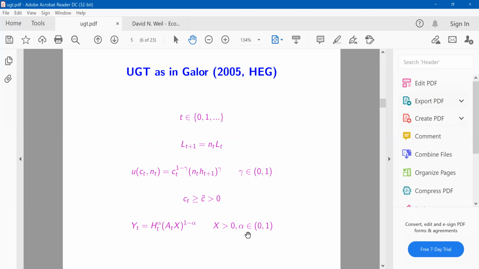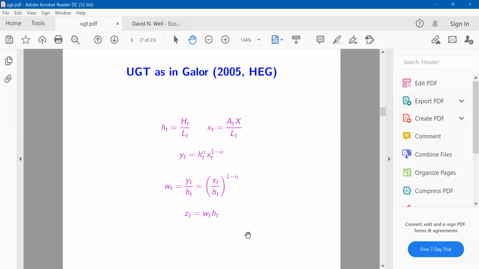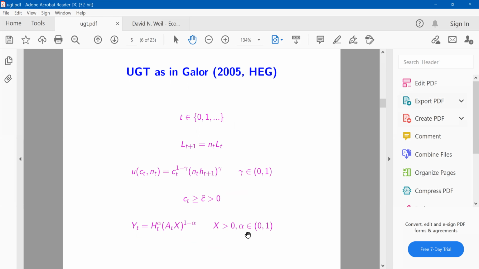So I'm going to go over certain details, not too much technical detail. The model can be easily solved, and there is a computer application as well, developed by Niels-Peter Lagerlöf. I'm going to show you some graphs from his paper, but let's discuss the fundamentals. So time is discrete.